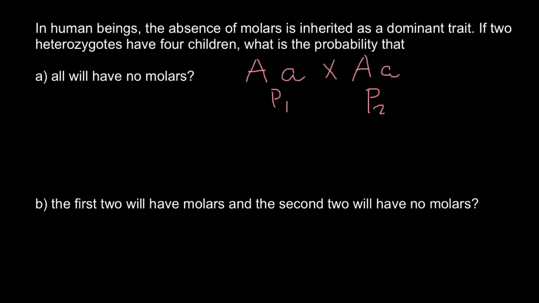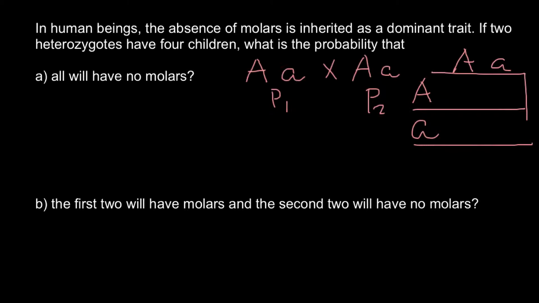This stands for the absence of morals. So when we cross two such parents, this is going to be parent 1, for example, and this is going to be parent 2, we can predict the outcome of such a cross if we build a Punnett square. So as you see, here we would have capital A, capital A, small a here, capital A, small a here, and small a here.